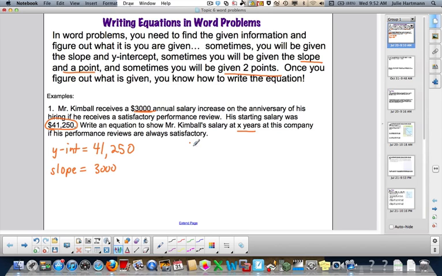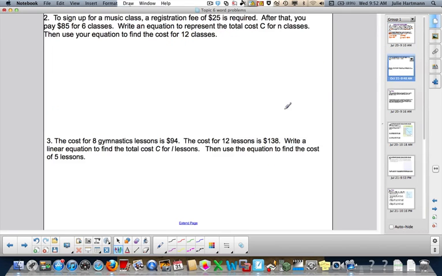So maybe we say S equals his salary, and we're already given X number of years. So S equals 3,000 times the number of years plus his initial salary. Okay, so there's our equation. Hopefully that makes sense. Let's go on to example number 2.